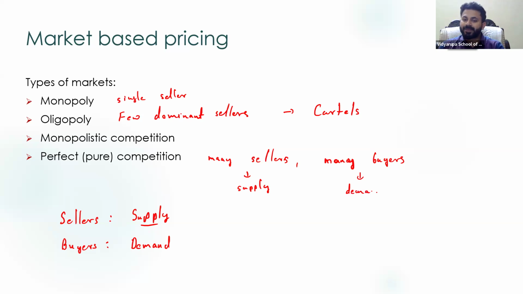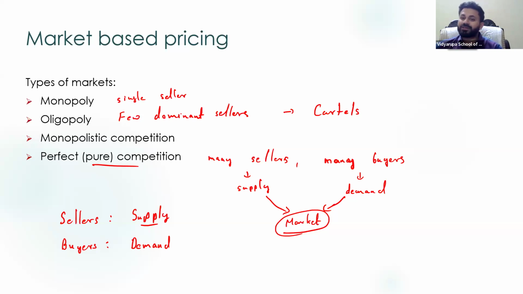Therefore, what will happen? The price will be set based on the market function of supply and demand, based on the market equilibrium of supply and demand, in a pure competition market. It's the best situation where no single party controls the supply, and no single party controls the demand. So sellers have the option: if one buyer is not ready to buy, you can sell to another buyer.